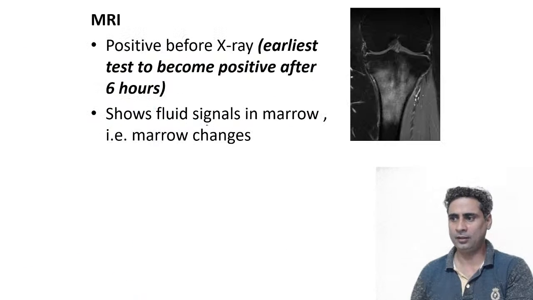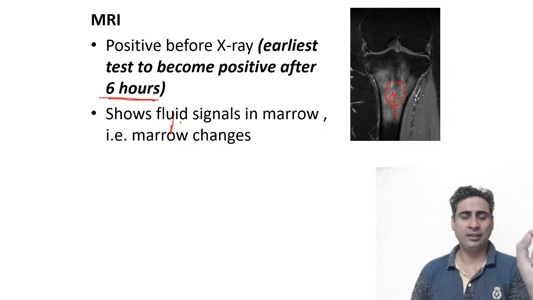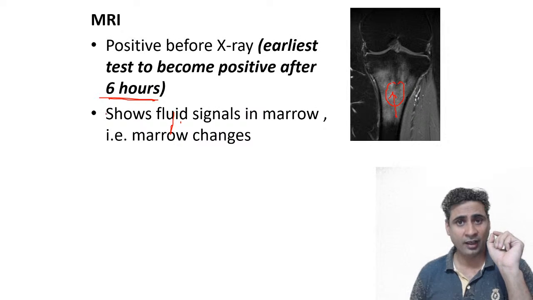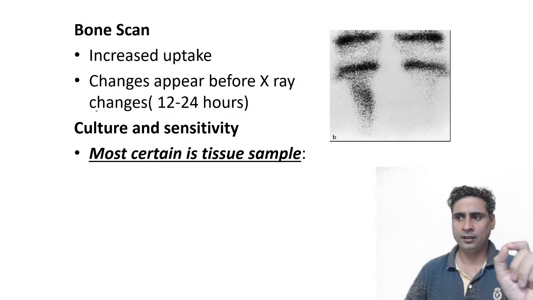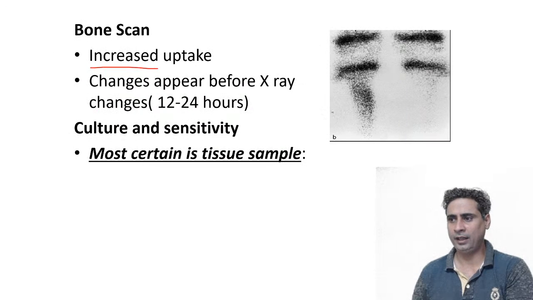Here you can see as soon as there is infection in the bone in the metaphyseal area, there will be inflammatory edema, and that can be detected on MRI as fluid signal, which will be positive around 6 hours after the infection. So it is the most sensitive radiological investigation. On bone scan, you will find increased uptake in the infected area. Here you can see, which will be positive after 12 to 24 hours.